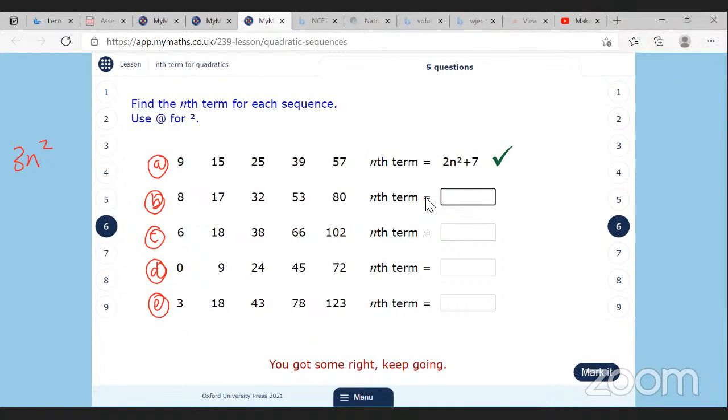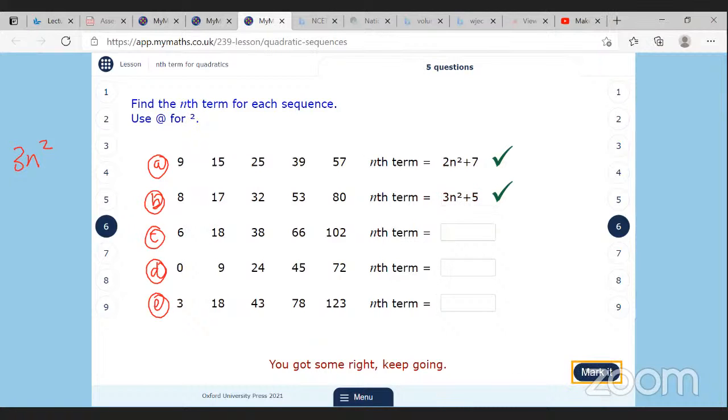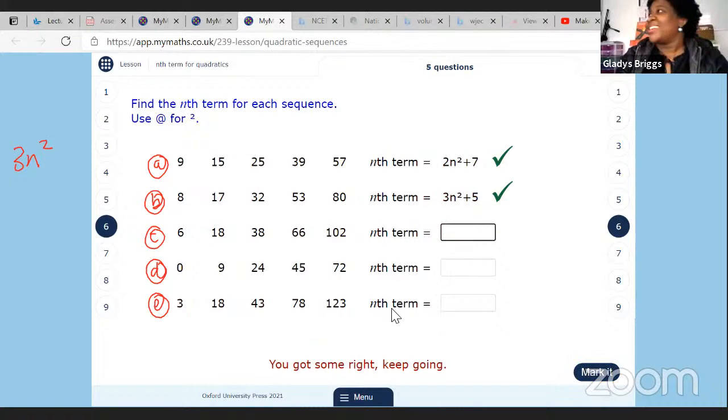No, I still hate it. Okay, who wants to give us the one for question 2, Abdullah? 3n squared plus 5, is it? Yes. Okay, well done.